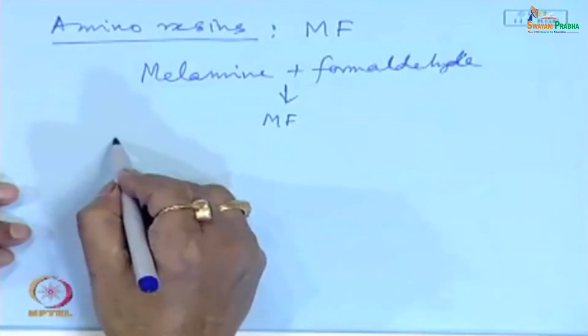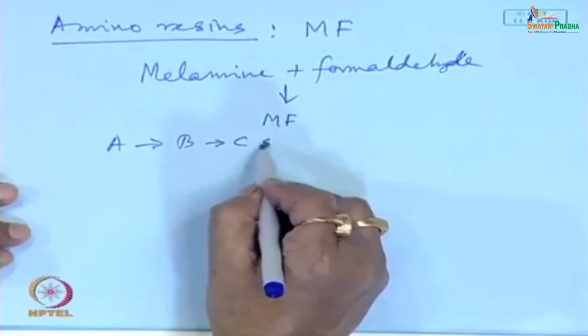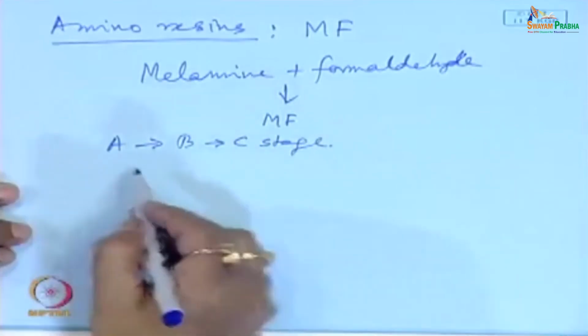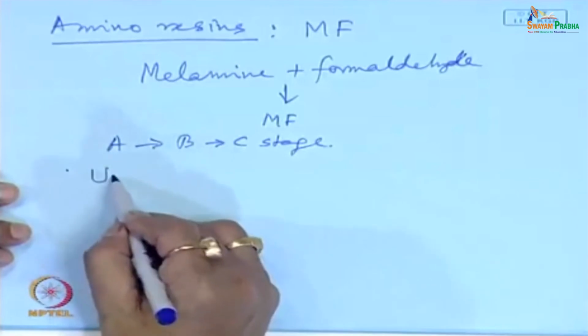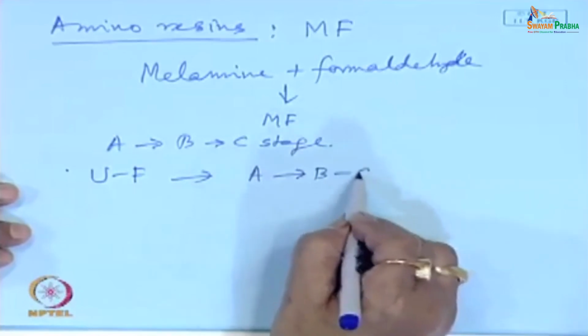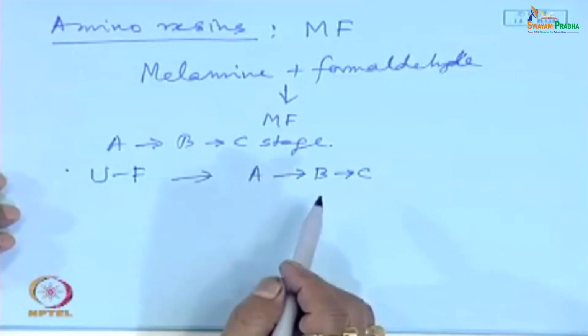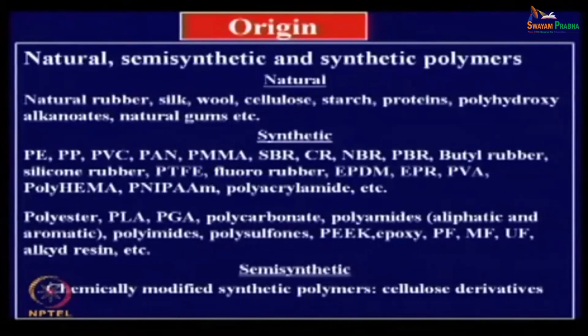It also passes through A to B to C. Similarly, urea formaldehyde also leads from A to B to C stage. So, all these lead to a cross linked polymer structure at the end. Alkyd resin is again a polyester, made from phthalic anhydride and glycerol.